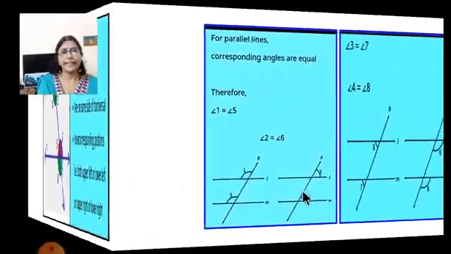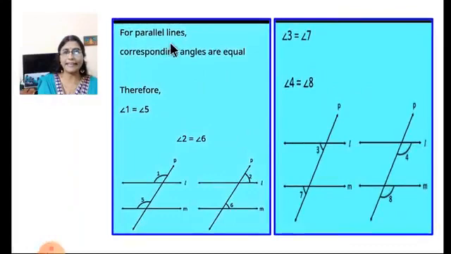Now here you see in case of parallel lines, corresponding angles are also equal. So if the lines are parallel, now here you can see these two lines are parallel, the corresponding angles are also equal in measure. Angle 1 will be equal to angle 5. Same way angle 2, which is on the other side, is equal to angle 6.